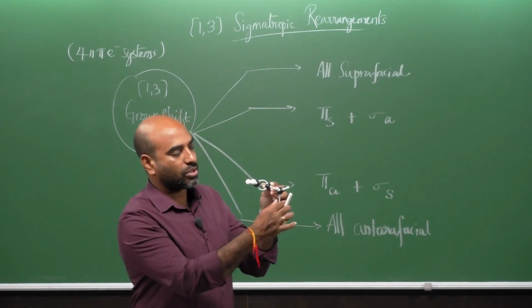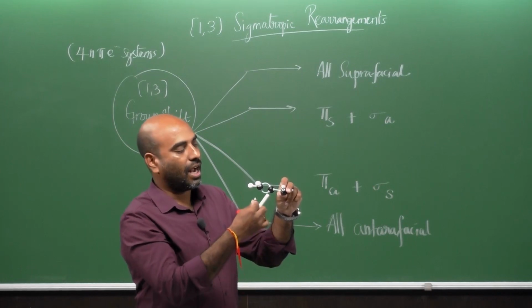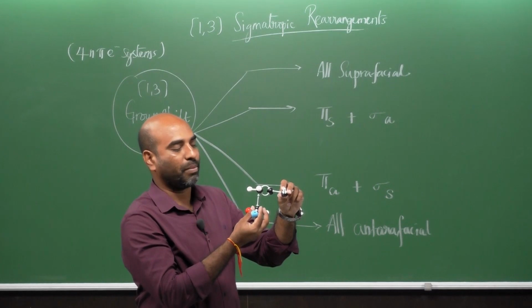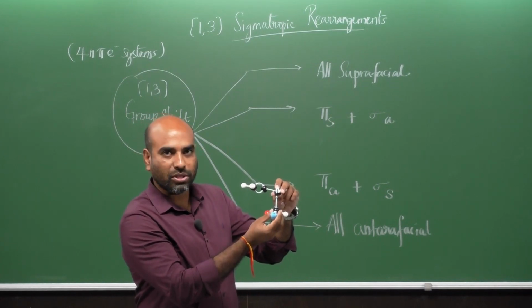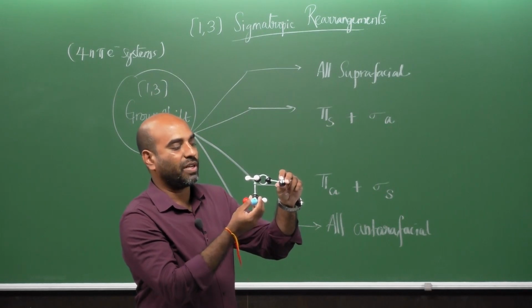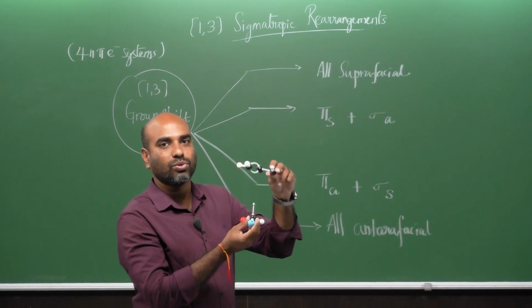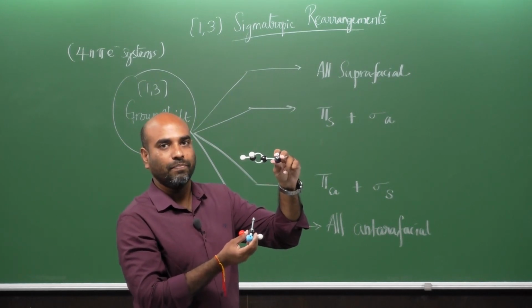So this group has to detach from this carbon atom and then come to the other end of the pi system and connect here. If it is moving from the lower face of the pi system to the lower face of the pi system, you call this reaction suprafacial with respect to the pi center only, right?